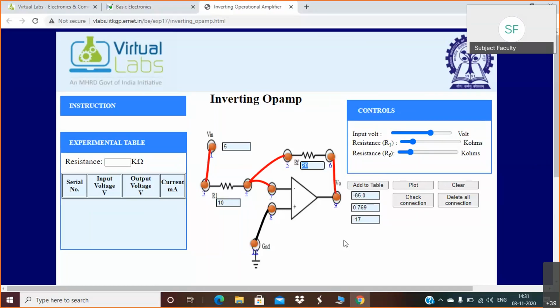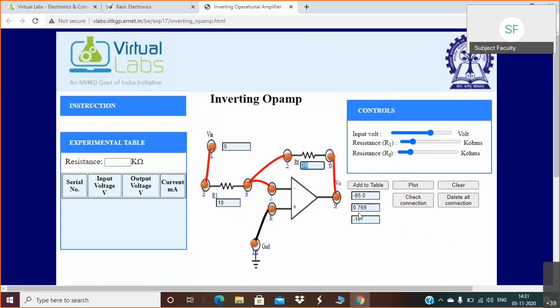The formula you said is right, but it is for the non-inverting op amp. For the inverting op amp, it is minus RF upon Rin. So what should the gain be in this case, where RF is 20 and Rin is 10? Minus RF upon Rin, that means minus 2 should be the gain.